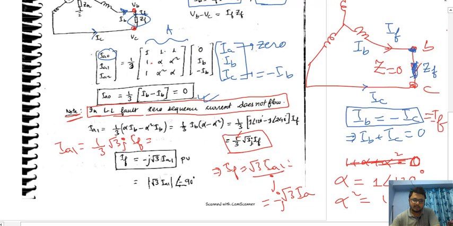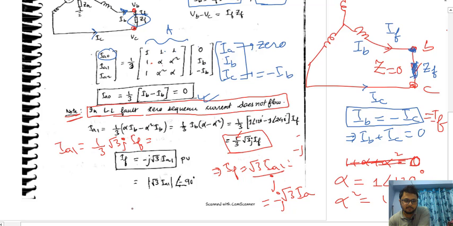Is it clear? This J, I need IF, and IA1 equal to 1 by 3 root 3 J IF. So IF equal to 3 times IA1 divided by root 3 J, 1 by J. So 1 by J is minus J, isn't it? So the fault current, remember, is equal to minus J root 3 IA1.